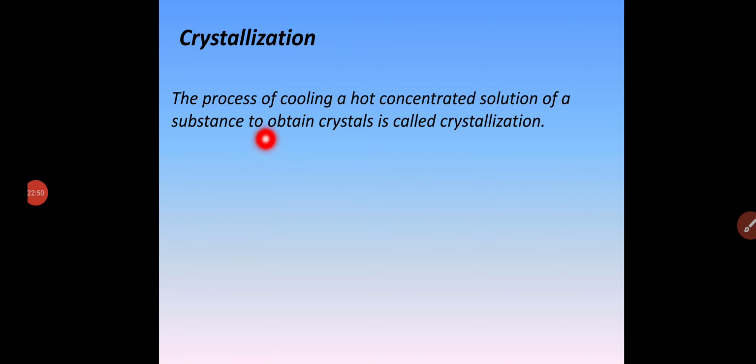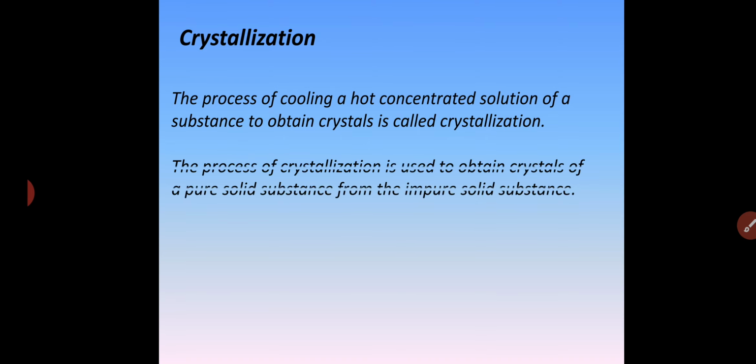The process of cooling a hot concentrated solution of a substance to obtain crystals is called crystallization. Or, the process of crystallization is used to obtain crystals of a pure solid substance from an impure solid substance.